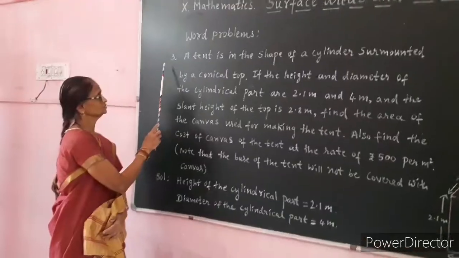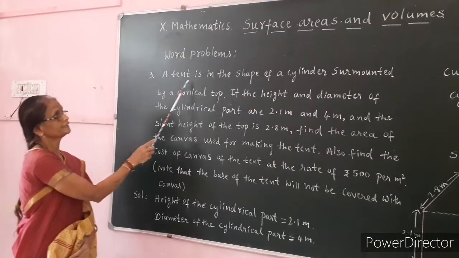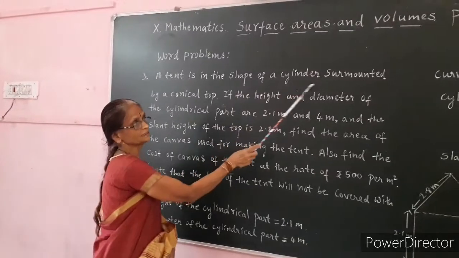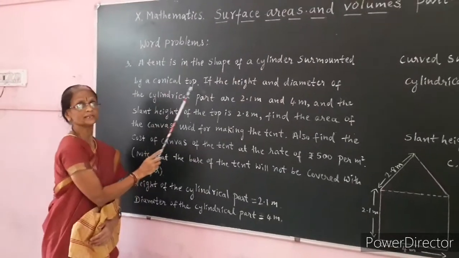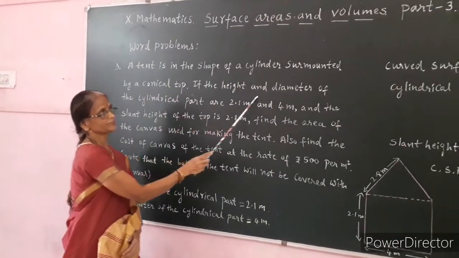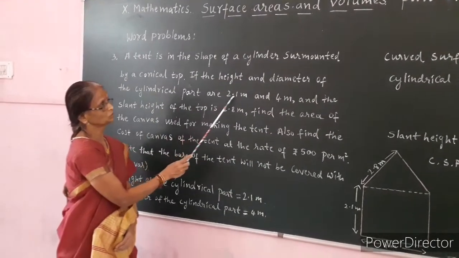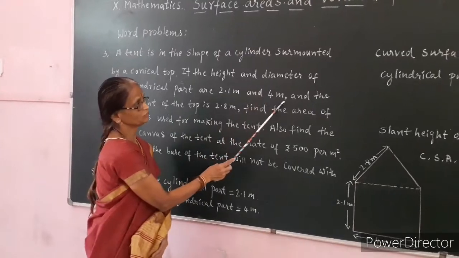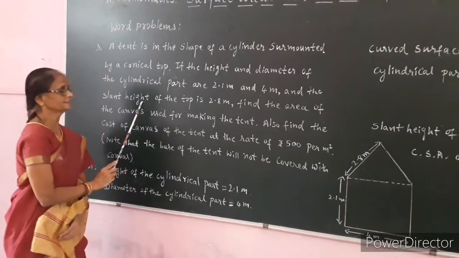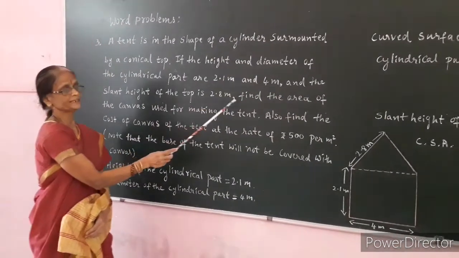Problem number 3. A tent is in the shape of a cylinder surmounted by a conical top. If the height and diameter of the cylindrical part are 2.1 meter and 4 meter and the slant height of the top is 2.8 meter.